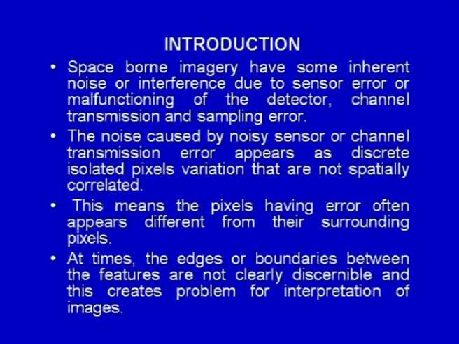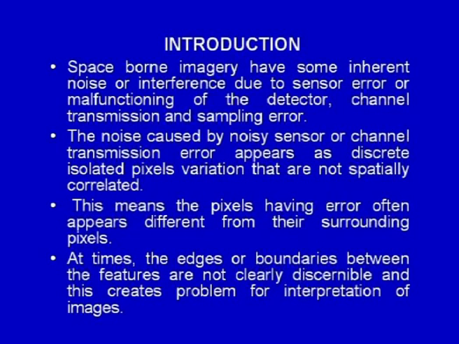Space-borne imagery may have inherent noise or interference due to sensor error or malfunctioning of the detector, channel transmission and sampling error. The noise caused by a noisy sensor or channel transmission error appears as discrete isolated pixel variations that are not spatially correlated.